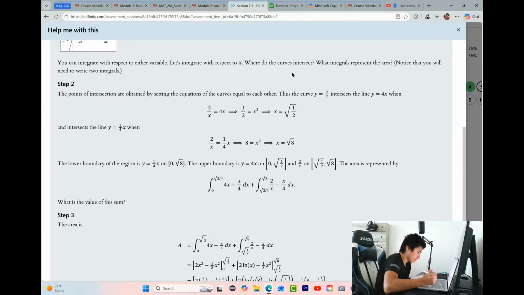Lower boundary. Why is that? Oh, I see. Oh, okay. So if we do that, all right, here, let's use our highlighter. So, in fact, let's use a different color. Good. So in this region, what is the lowest?